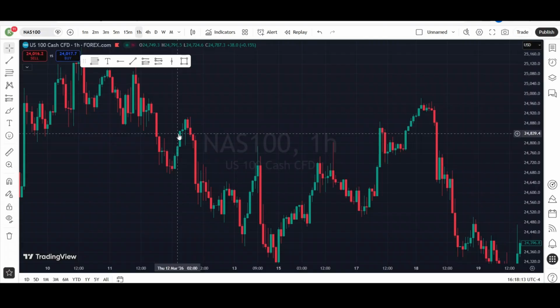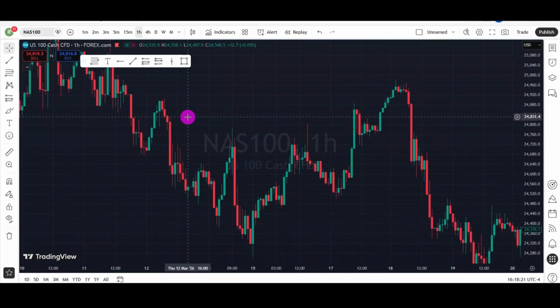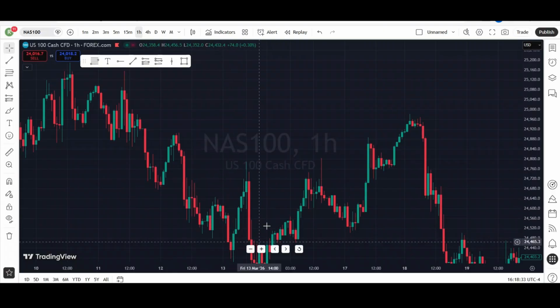But if we look at this particular market now, we know that this chart is a downtrend market chart. The market consolidated at this particular zone, then it expanded. This is an expansion, and it retraces and expands again, and it retraces and expands again.